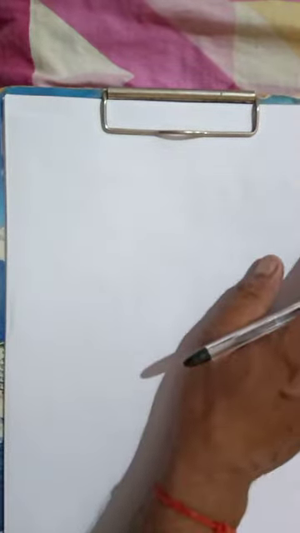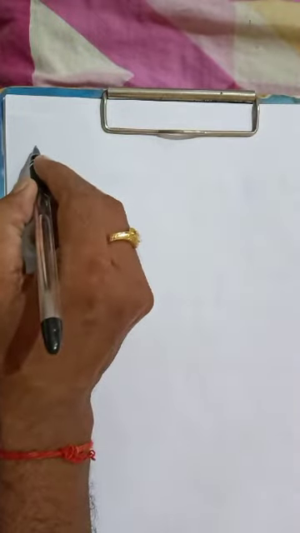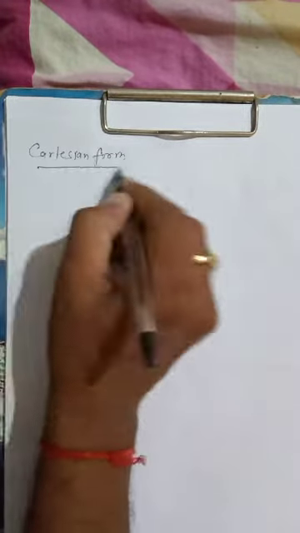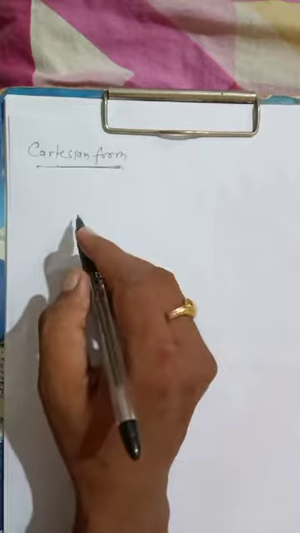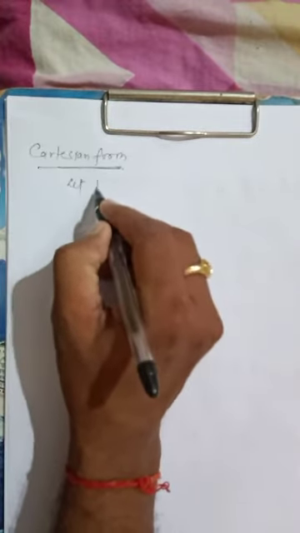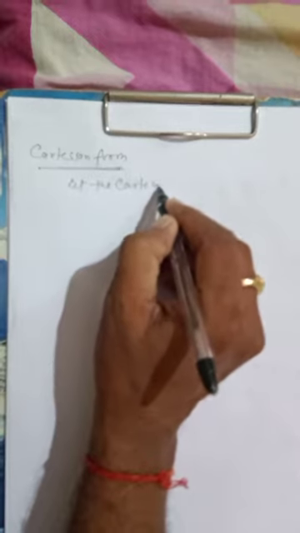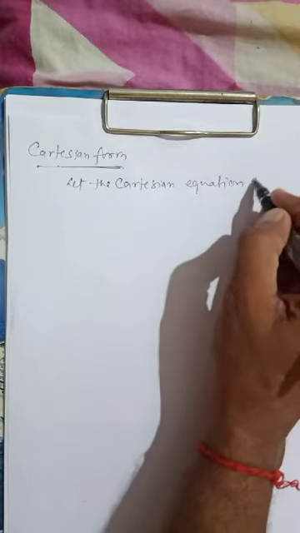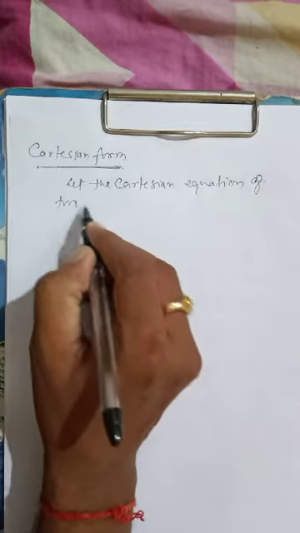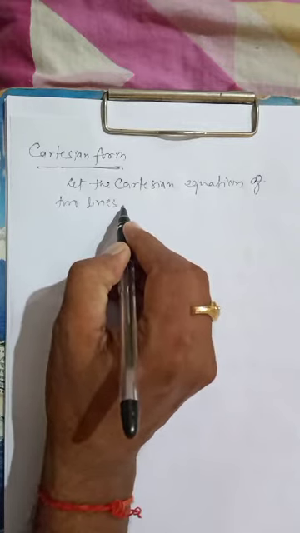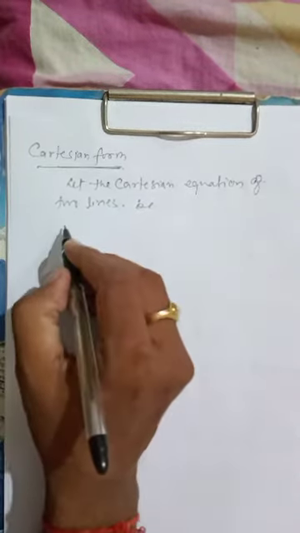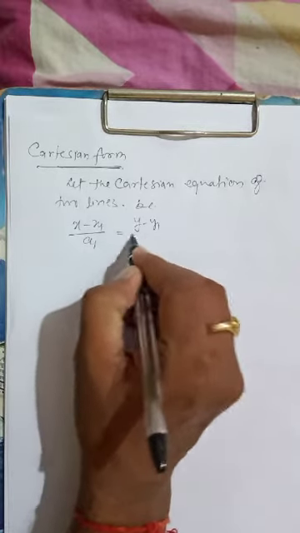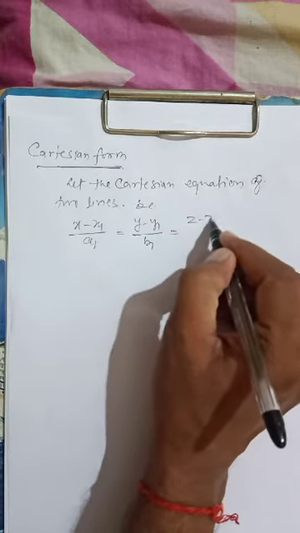Now we discuss its Cartesian form. Let the Cartesian equation of two lines be x minus x1 upon a1 is equal to y minus y1 upon b1 is equal to z minus z1 upon c1.